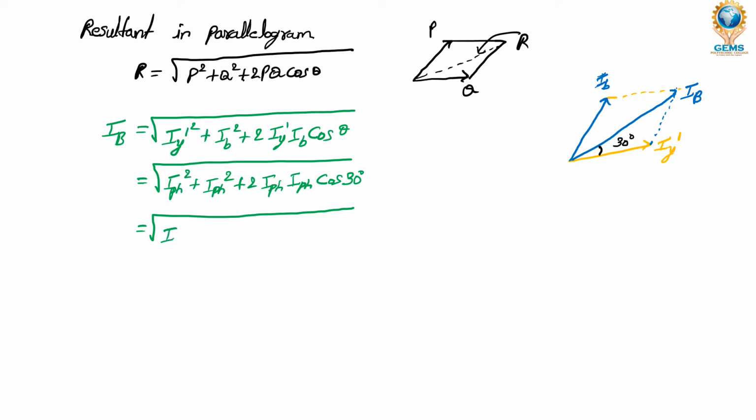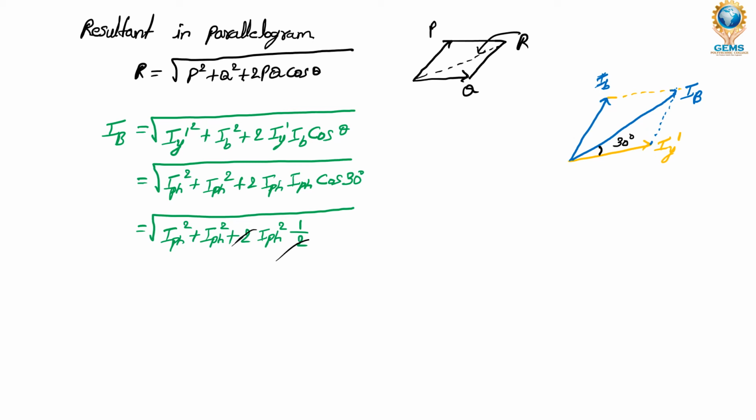Now I phase square plus I phase square plus 2 into I phase square. What is the cos 30 value? 1 by 2. Here the 2 will get cancelled.